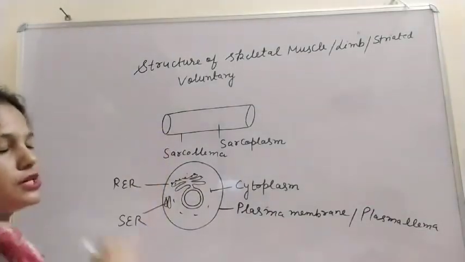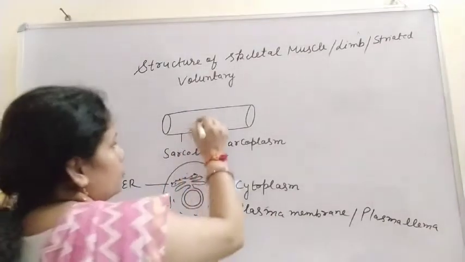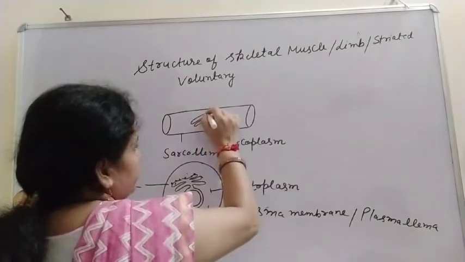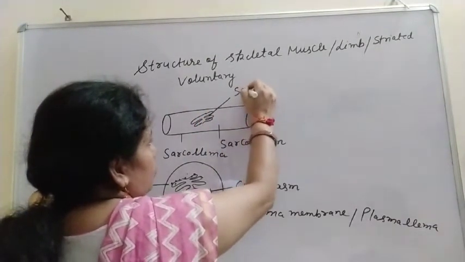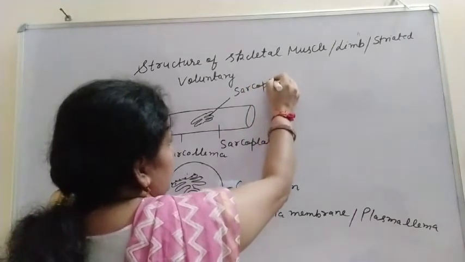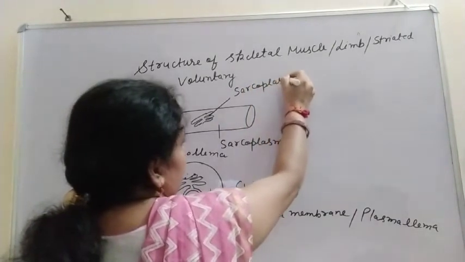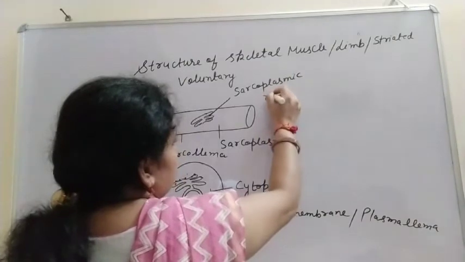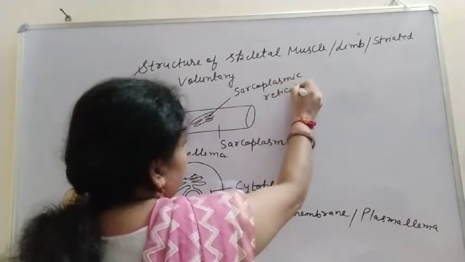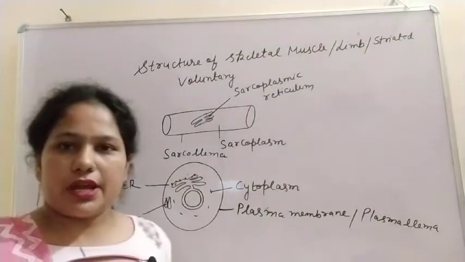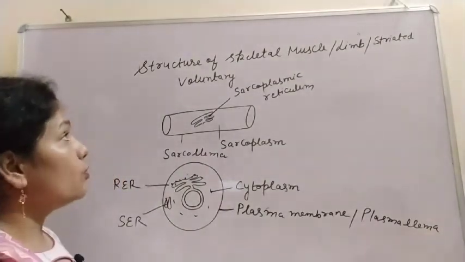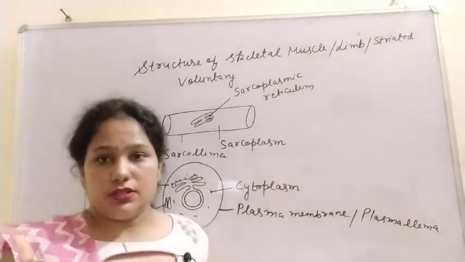In the case of a muscle cell, the endoplasmic reticulum is called sarcoplasmic reticulum. So that is the new thing to understand about the structure of skeletal muscles.